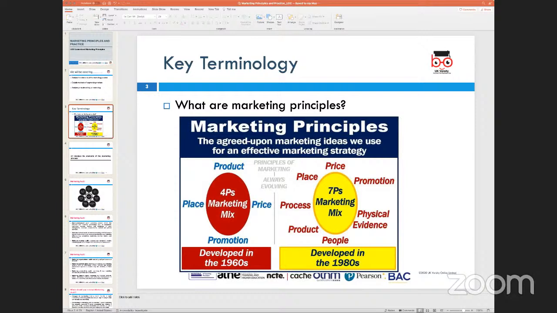And the 9 P's typically include planning and research, which has been added as a separate component. And then we look at partners in general, along with the other elements. So some of them have been substituted. When we talk about place, we've added distribution to it. When we talk about the whole process through which you plan, it has become planning and process.